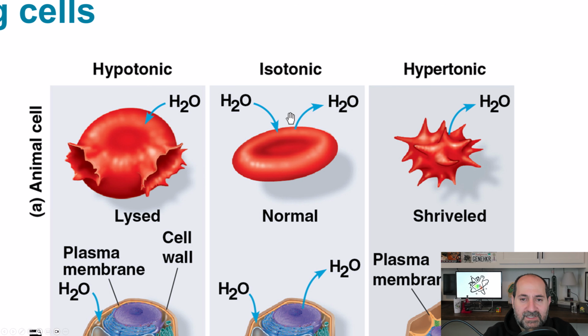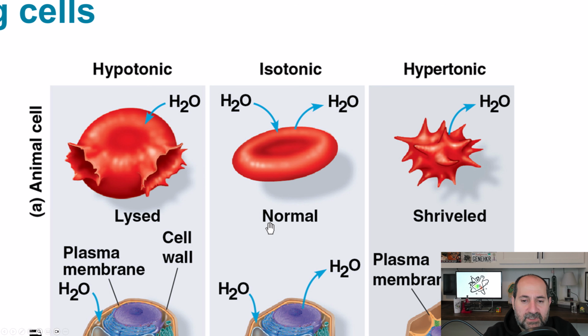So for every one water molecule that enters the cell, about one water molecule exits the cell. If it's an animal cell, animal cells prefer this, and this is known as a normal, healthy, happy cell, right? So in isotonic environments, the solute concentration outside is matching inside, so there is no net flow of water because you're already at equilibrium.